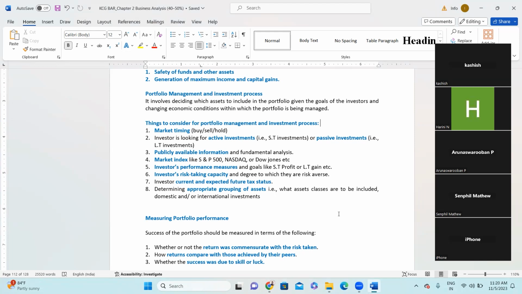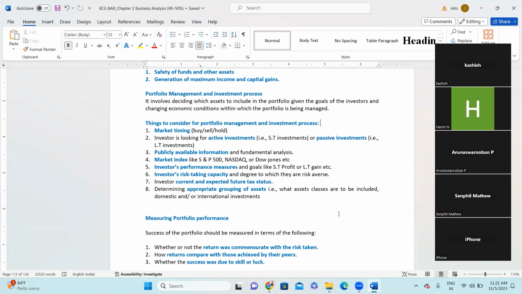Second thing is whether the investor is looking for active investment or passive investment, right? Kashish, you are saying you do investment in mutual fund, so generally you might be making a long-term investment, right? So you are like a passive investment. Whereas Matthew might be trading stocks, which is more called active investment.